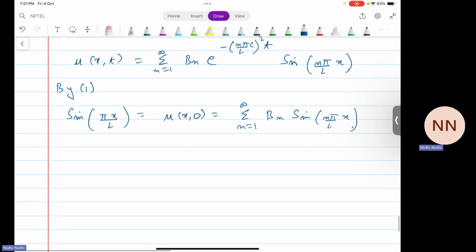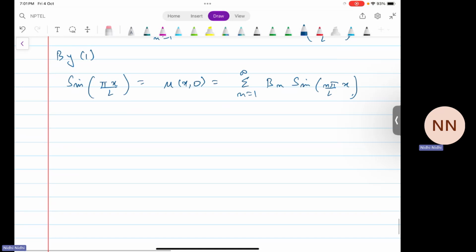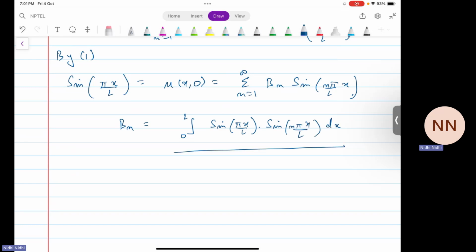From here we can evaluate these coefficients bn. It is given as integration 0 to l sine pi x by l times sine n pi x by l dx by integration 0 to l sine square n pi x by l dx.